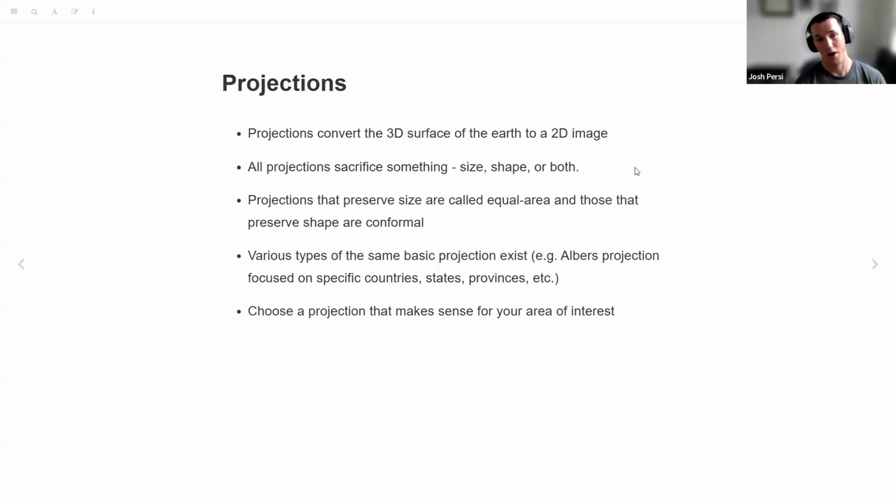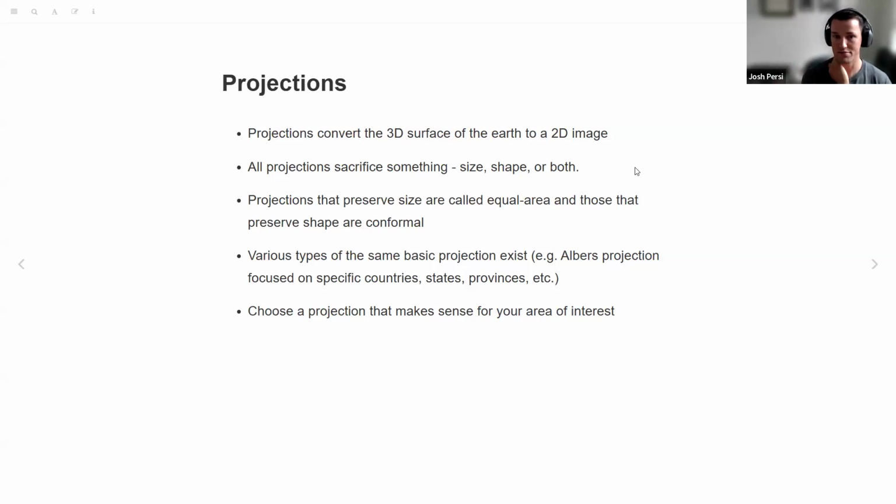So if you need to prioritize faithful representation of space, you might use the equal area projections for your area of interest. But if you are more concerned with the shape and the form, the coastline of a particular place, you would use a conformal projection. Various types of projections have come and gone into style over the years.